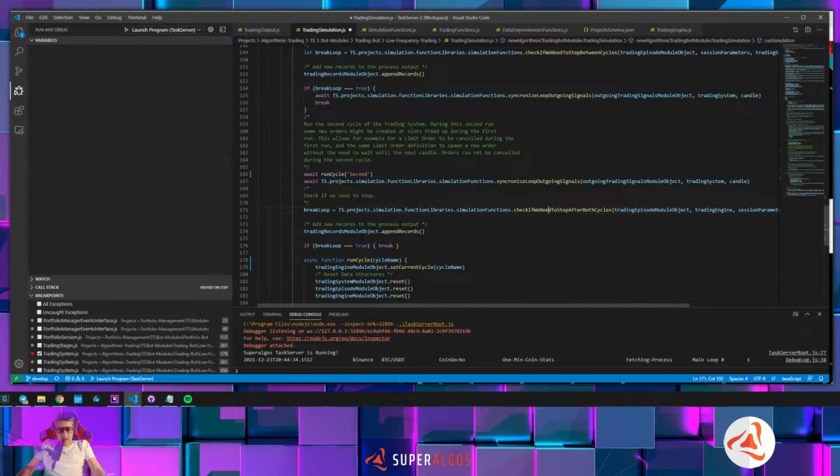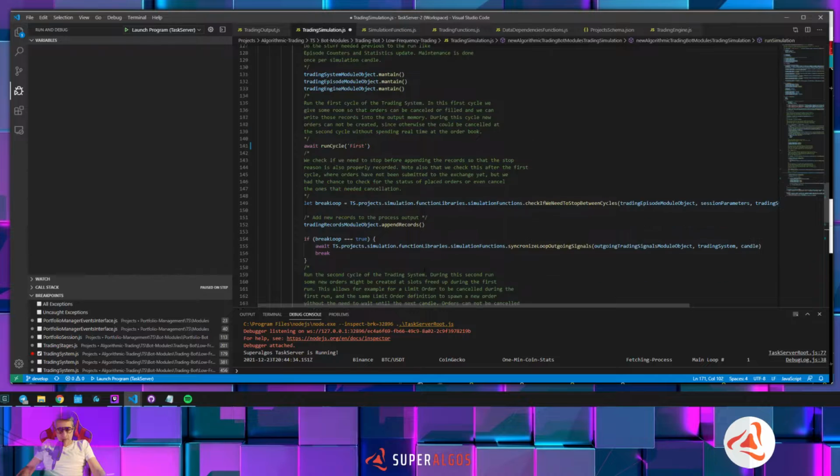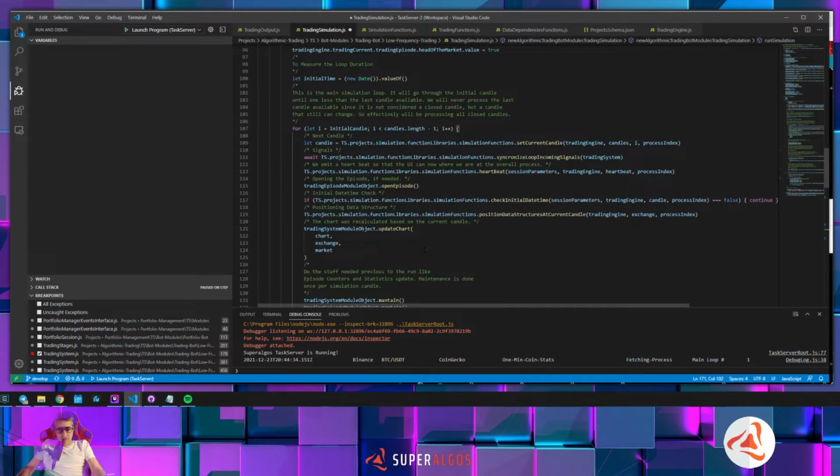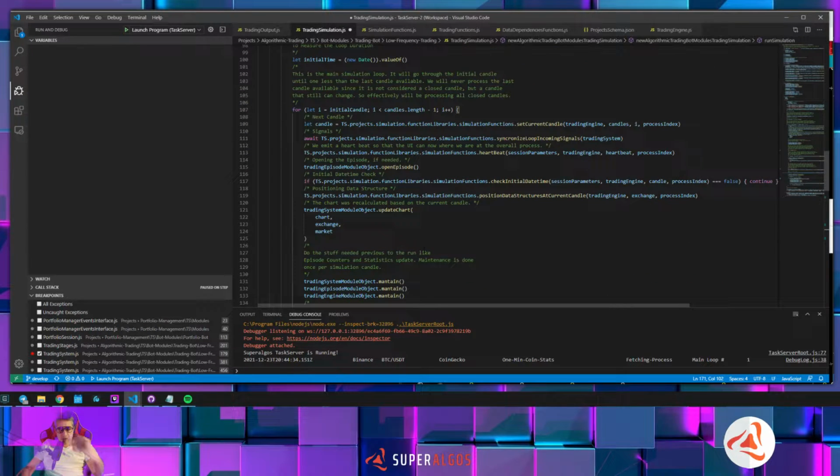And if we need to stop, we stop the cycle. So the logic inside the trading simulation loop is quite minimal now.